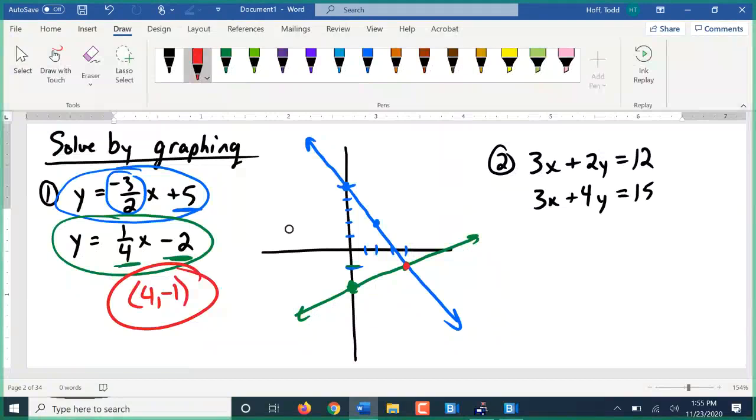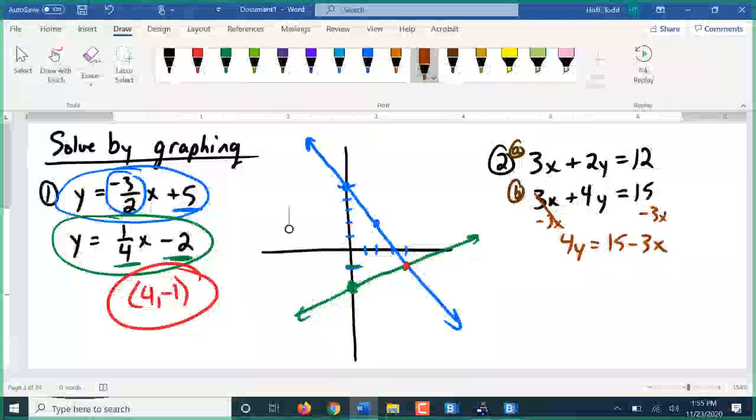Now, the second system here is going to require some rearranging. So I'm going to do equation B first. I'm going to start by subtracting 3x. So we have 4y equals 15 minus 3x. And I am going to divide by 4.